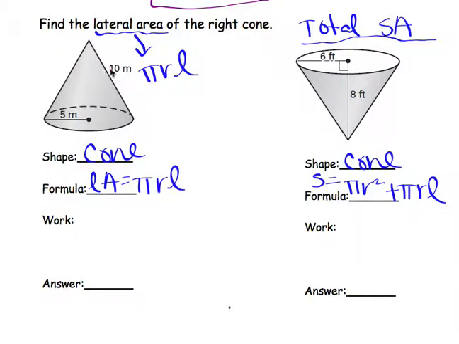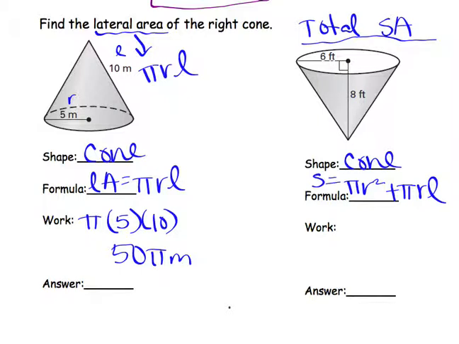So for the work here, the slant height is 10. It's on the slanted side of the cone, so that's L. And r is 5, so we'll just fill that in. Pi times r times L. And so that gives you 50 pi for the lateral surface area.